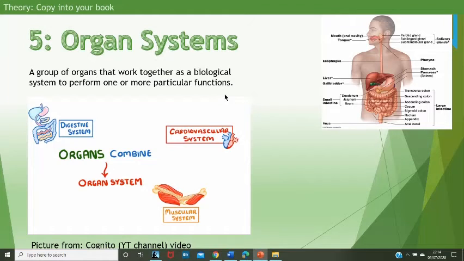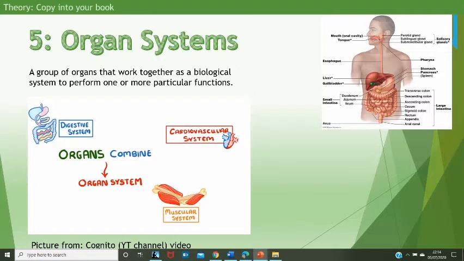Fifthly and finally, we have organ systems. It's a group of organs that work together as a biological system to perform one or more particular functions. Like our digestive system, it carries out the function to digest our food and to nourish our body from the energy and the nutrients given by the food.